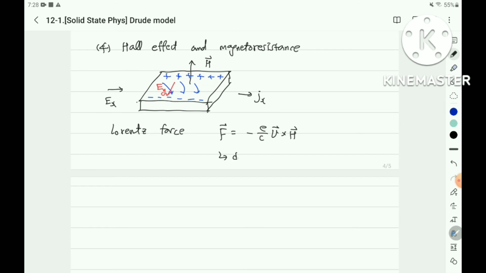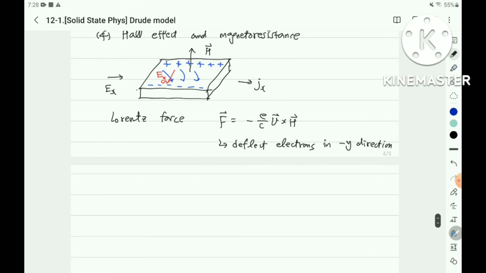It deflects electrons in the minus y direction, and it induces positive image charges generated on the opposite side.